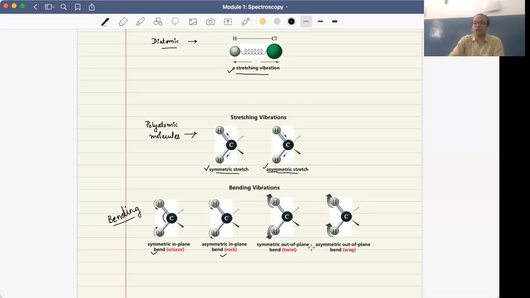And there are two out-of-plane bendings. That means, apart from the molecular plane, if the molecule goes out of the molecular plane of the bond angle, then we say it is out-of-plane bending, which also can be of two types. One is called the twist and the other is called the wagging motion. Now, all these different types of molecular vibrations you might have studied in detail in molecular spectroscopy.